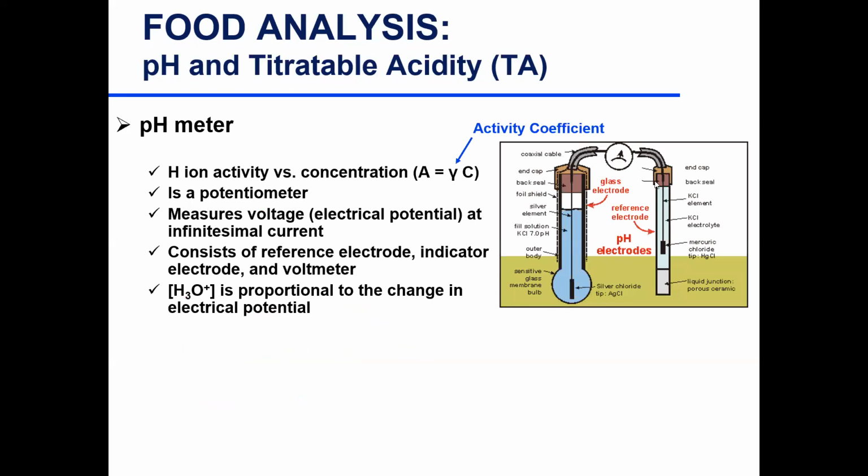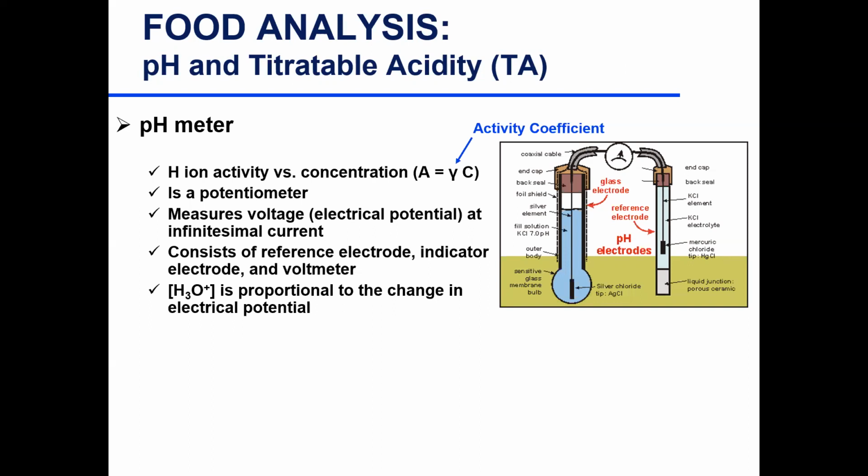All right, so the pH meter, just a quick look here. The pH meter is a device that allows us to determine the active hydrogen ion, or the amount of hydrogen ions that are active, and it is related to the concentration.